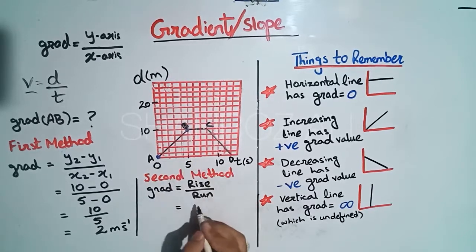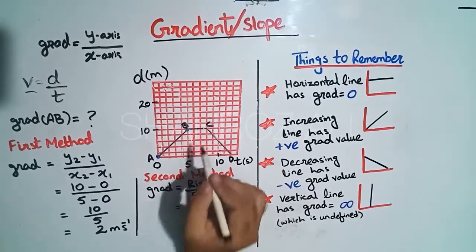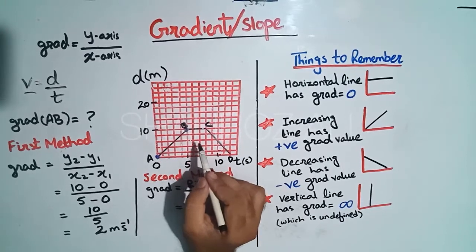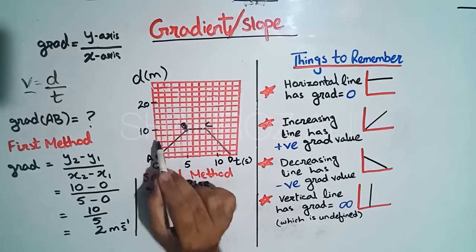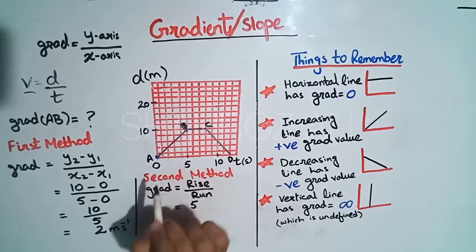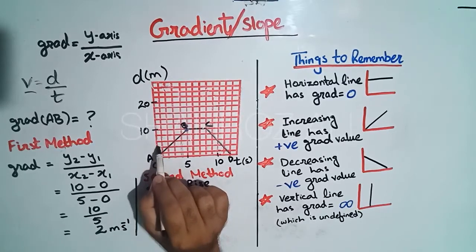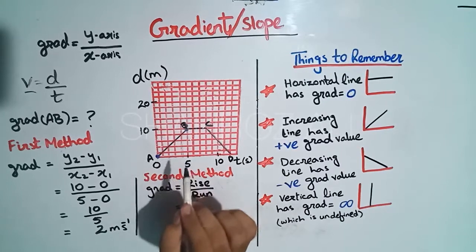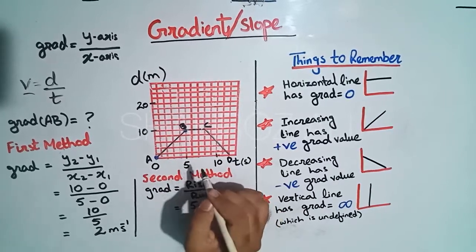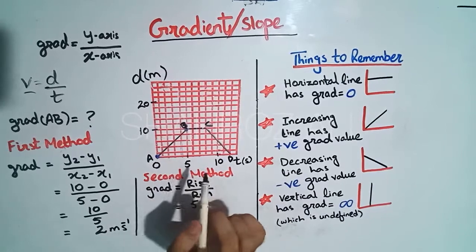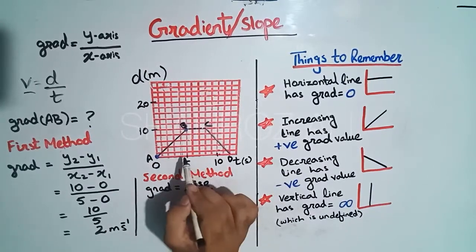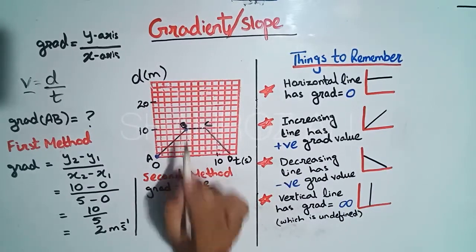But there are 5 blocks, which means each block contains the value 2. You need to know the scale, because there are not 10 blocks, so each box will not contain the value 1. Each box contains the value of 2.